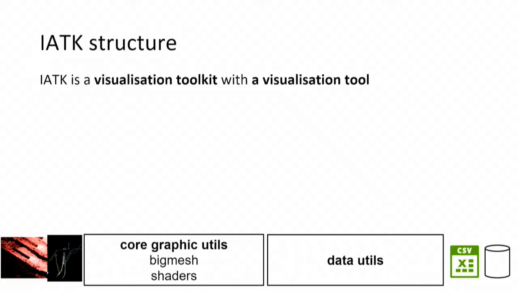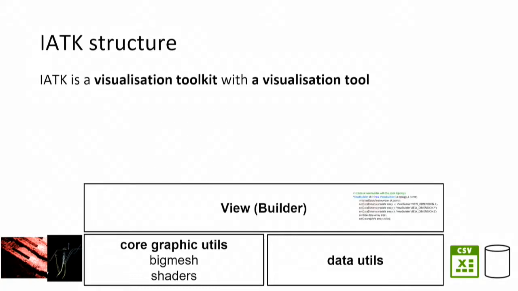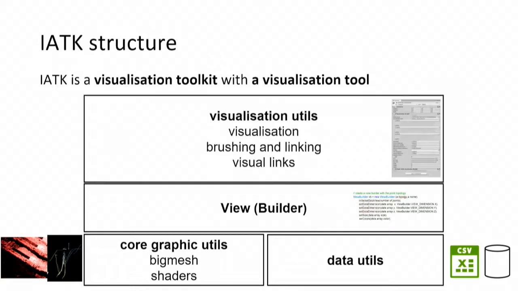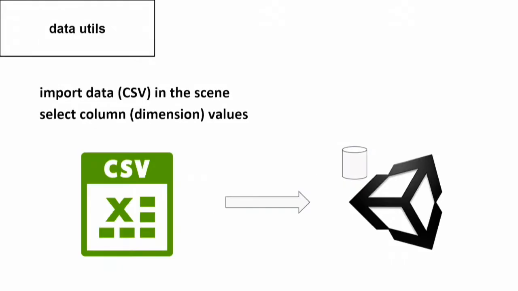These are a set of classes and shaders that we made to instantiate up to 1 million data points and have very high frame rates in virtual reality. Then we created this API to control the data brick and the core graphics. So the IATK is a visualization toolkit, and it comes with a visualization tool that we built with our toolkit, which are all these visualization utilities that I will show you how to use right now.